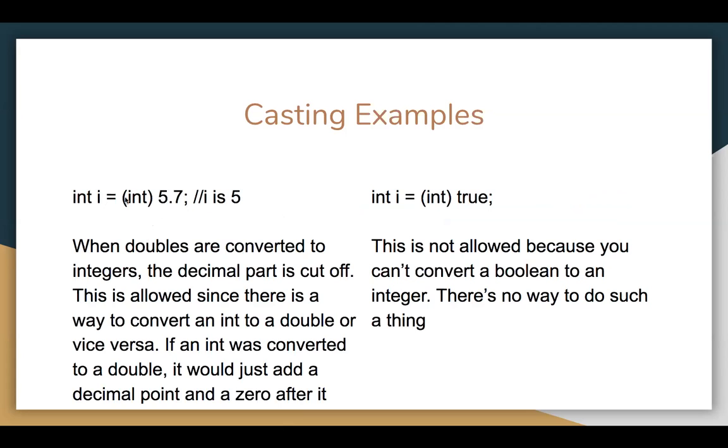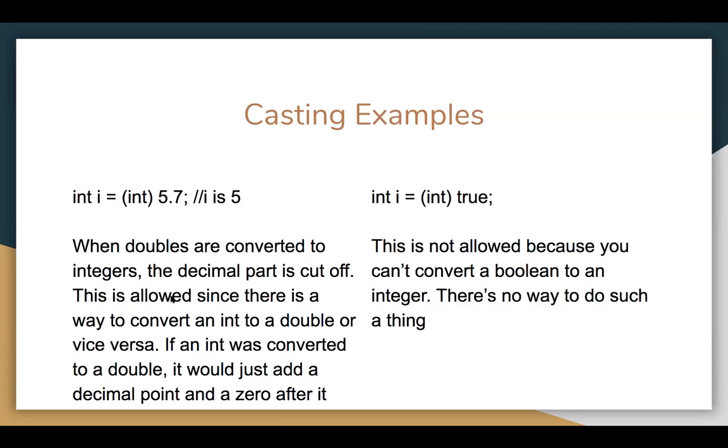How you cast is by having parentheses and putting inside them the data type that you want to convert to. That is how you cast from one thing to another. When doubles are converted to integers, the decimal part is cut off. It's not rounded, it just gets cut off.